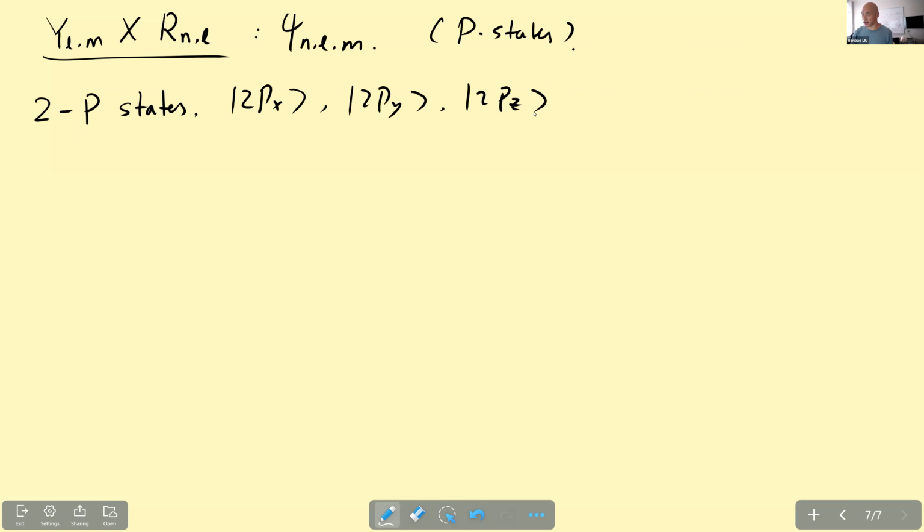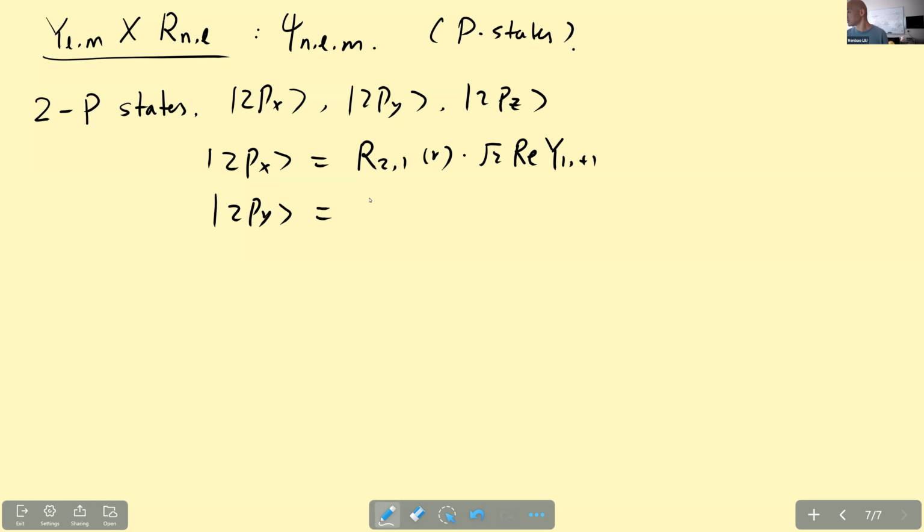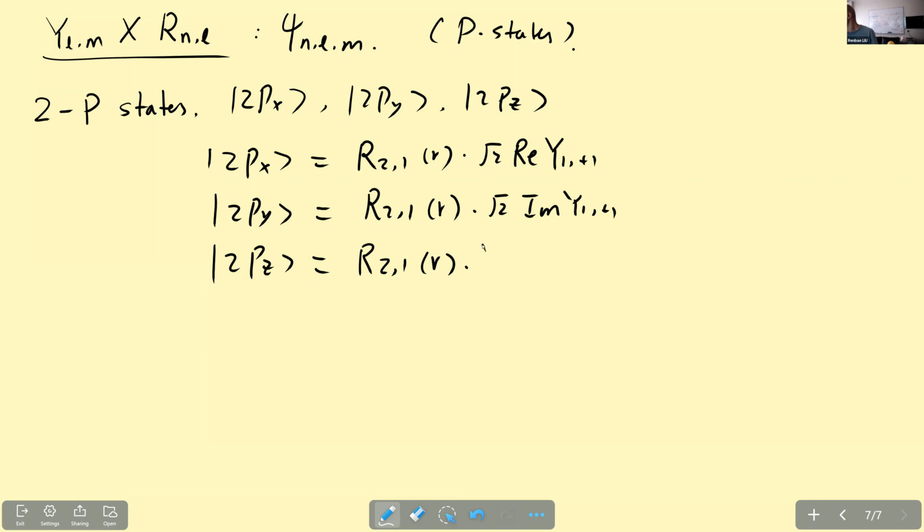Basically, 2px just equals R21(r) times the square root of the real part of Y1,±1, and 2py just equals R21(r) times the imaginary part of Y1,±1, and 2pz just equals R21(r) times Y10, right?